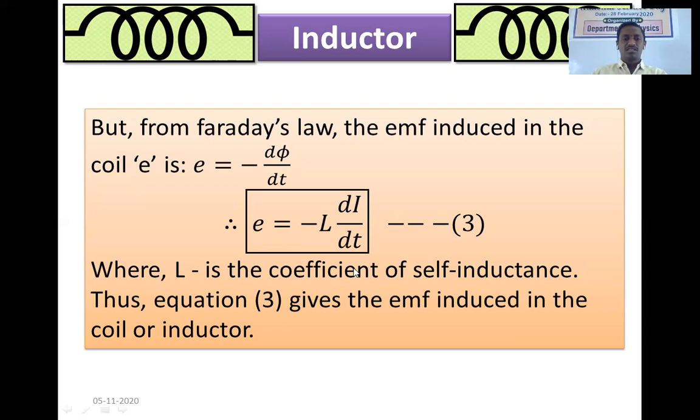According to this, the induced EMF opposes the further change in the flux linked with the coil. After putting minus d phi by dt equals E, equation 2 becomes E equals minus L into di by dt. That is our equation number 3, where L is called the coefficient of self-inductance.